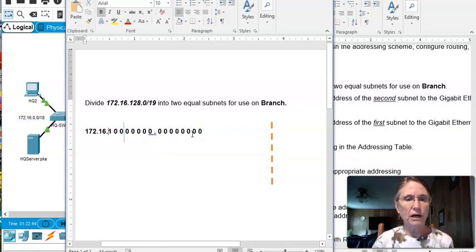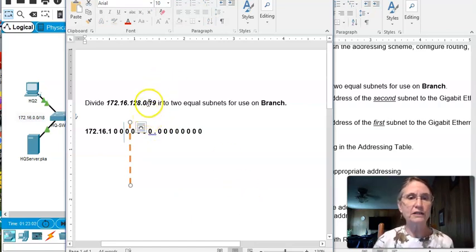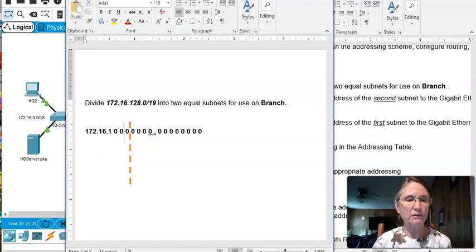Very good. So now we need to divide into 2 equal subnets by borrowing a bit position. I'm going to move that imaginary line that was at the /19 over 1 position. That way I will make a 0 subnet, and then we'll have a 1 subnet to follow.